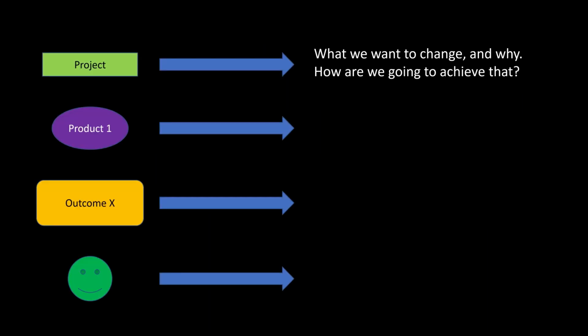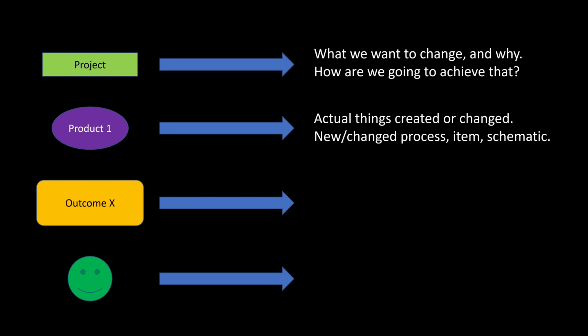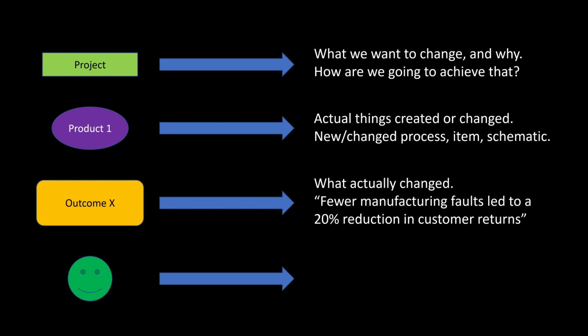So we can summarize those 4 items just by looking at this screen here. So the project is what we want to change and why, and how are we going to achieve that. That is what the project is about. The product is the actual thing we've created, so the new or changed process, the item, the schematic, whatever it could be. The outcome is what actually changed. So for example, we now have fewer manufacturing faults, which has led to a 20% reduction in customer returns.